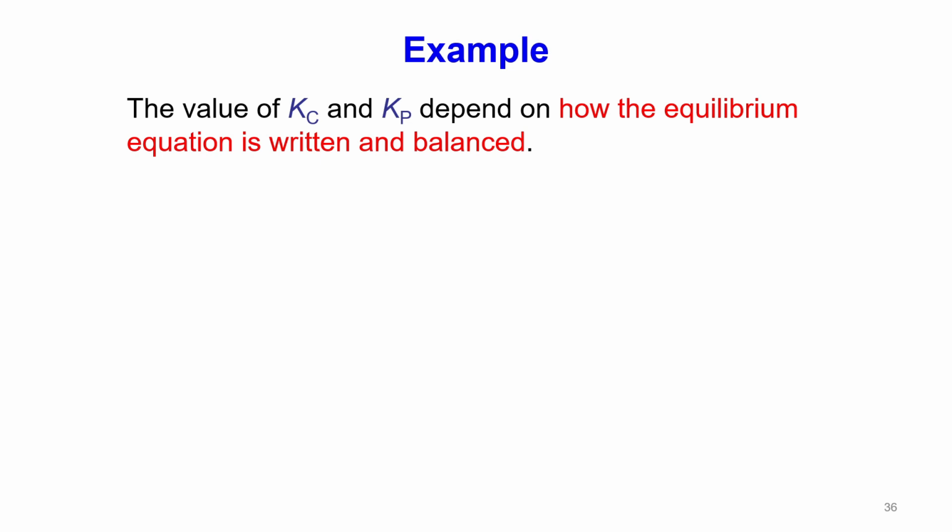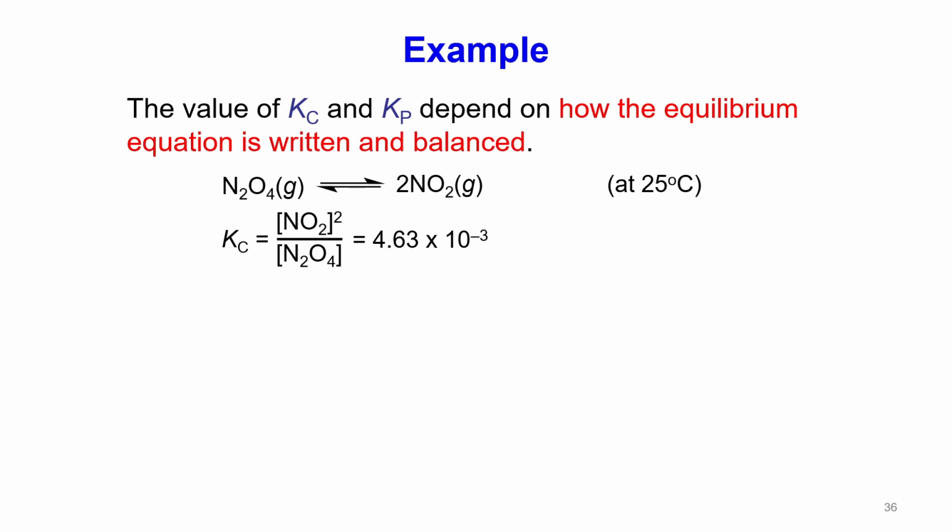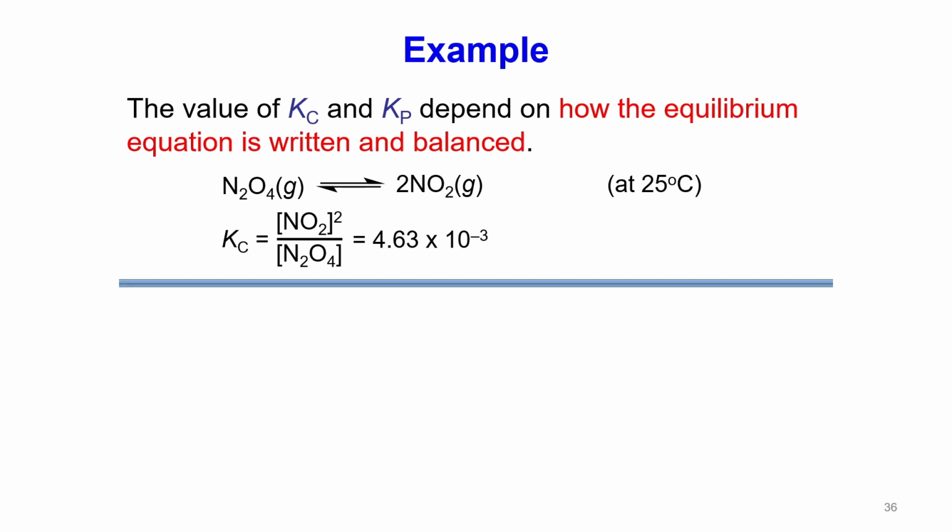Alright, so kita tengok example di sini. The value of Kc and Kp depends on how the equilibrium equation is written and balanced. Jadi kita ada N2O4 gas produce 2NO2 gas. Jadi Kc NO2 square over N2O4 equal to 4.63 exponent negative 3. Jadi bila kita tuliskan equation ini, kita reverse dia akan jadi 2NO2 produce N2O4. Jadi Kc dia kita akan 1 over.